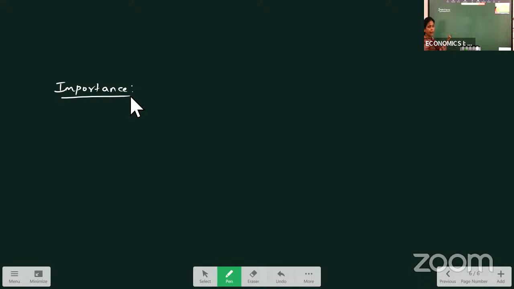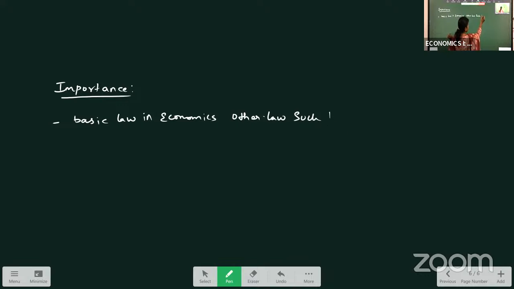So limitations we have seen. Now let us see the importance. Why is this law important? Though certain limitations are there, why is this law important? Because it is the basic law in economics, where other laws such as law of demand, law of production, market, these all laws are based on diminishing marginal utility.